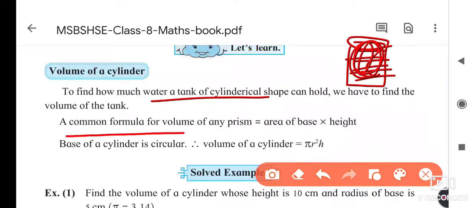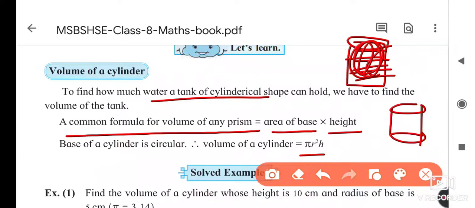The common formula of volume of any cylinder is equal to area of base, means area we are taking pi r square, and into height. Suppose this is a cylinder, its base is circular, that's why the area of a circle is pi r square, and the height is h that we have to take.